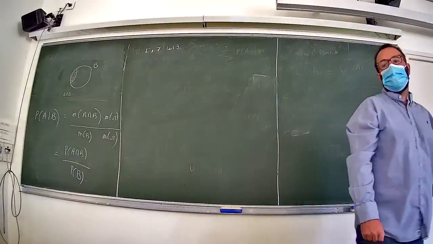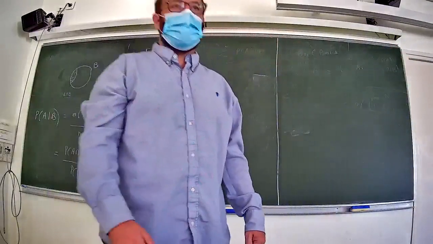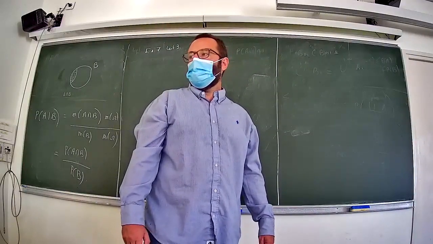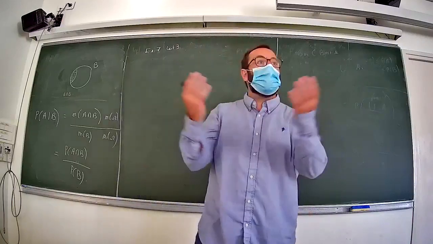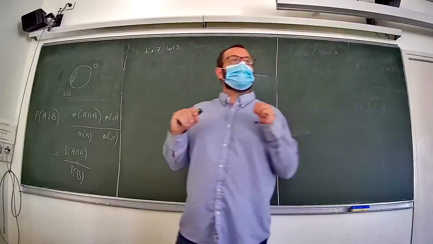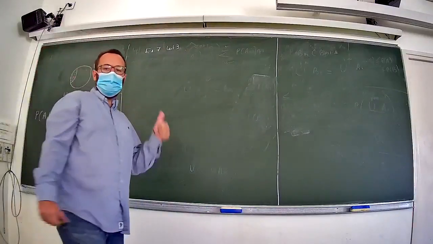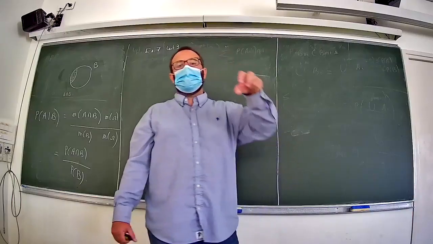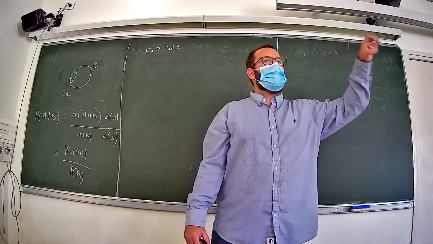You are in the following situation. You have a box, and inside you have R red balls and B black ones. So suppose that you have a black box with red balls and black balls inside. A ball is chosen at random from the box, and then a second ball is chosen from the remaining balls.